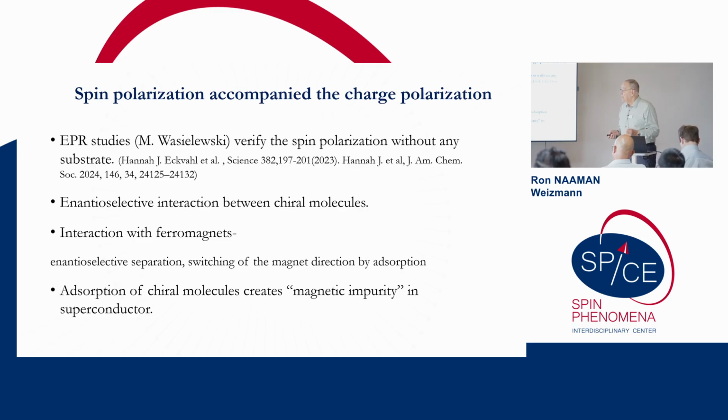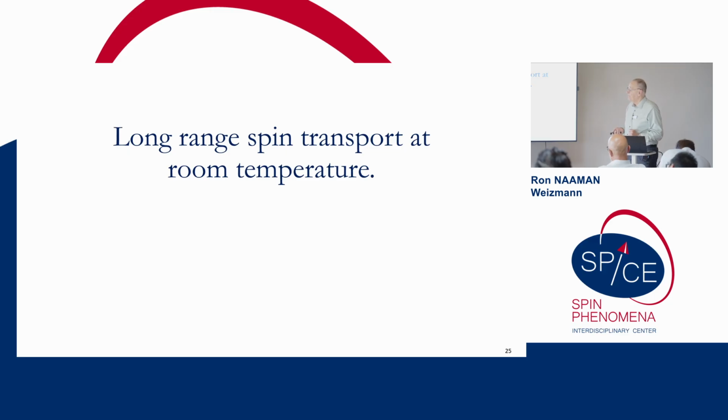And I don't know if Yossi will speak about it, but he showed also that chiral molecules can be considered as magnetic impurities if you adsorb them on a superconductor. So it all comes from the fact that you have spin polarization when you charge polarize a chiral molecule.